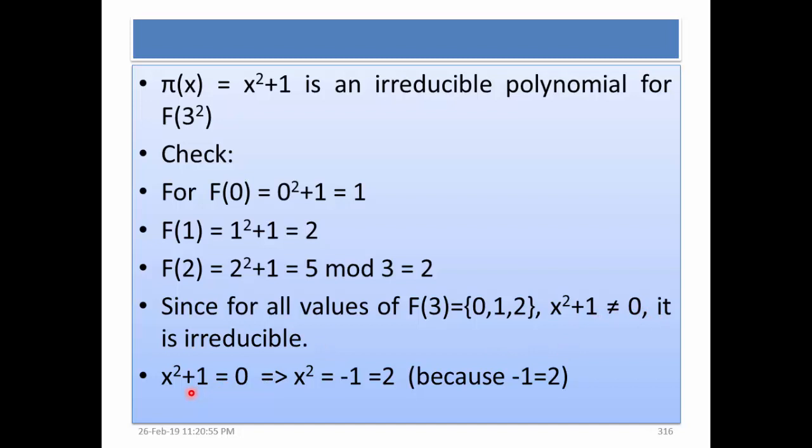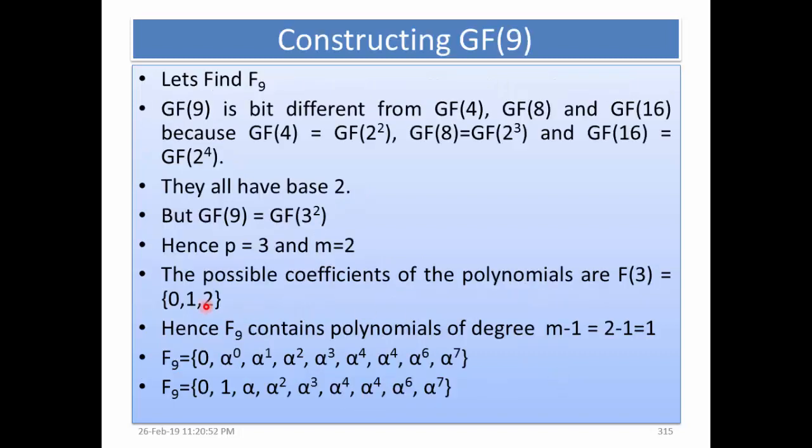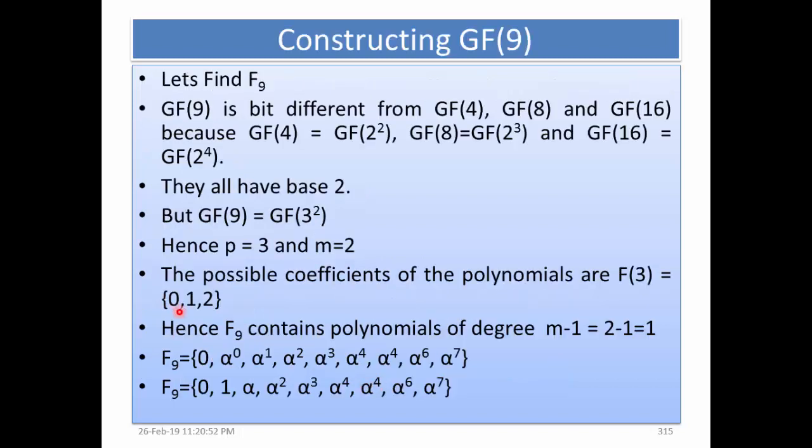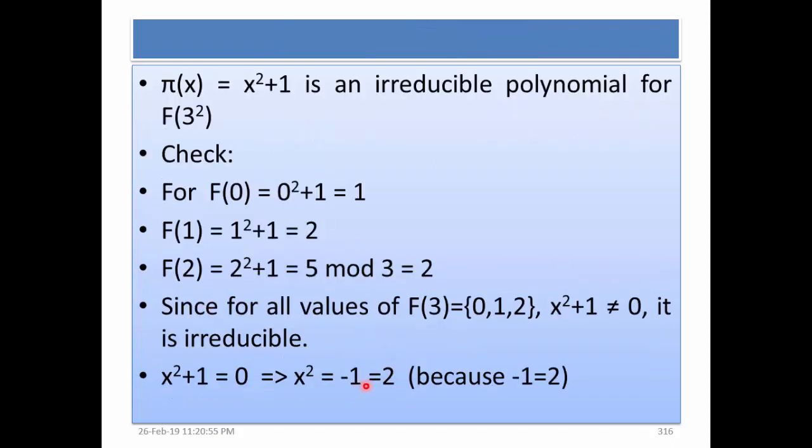Hence x square plus 1 is equal to 0 gives x square equals minus 1, and as we know, minus 1 becomes 2 in GF of 3. You can see this is different. In modulo 2, minus 1 was equal to 1, but when we are talking about modulo 3, minus 1 is equal to 2.